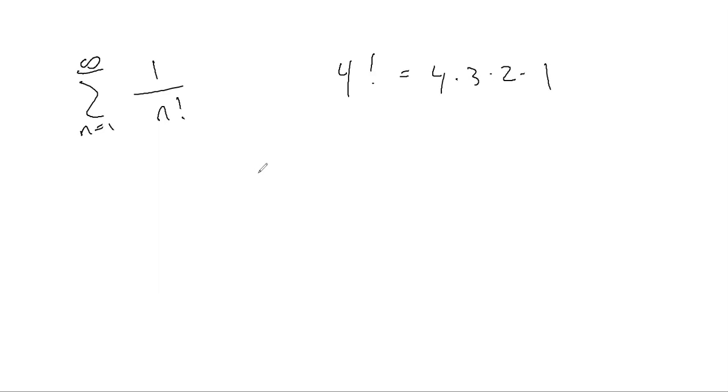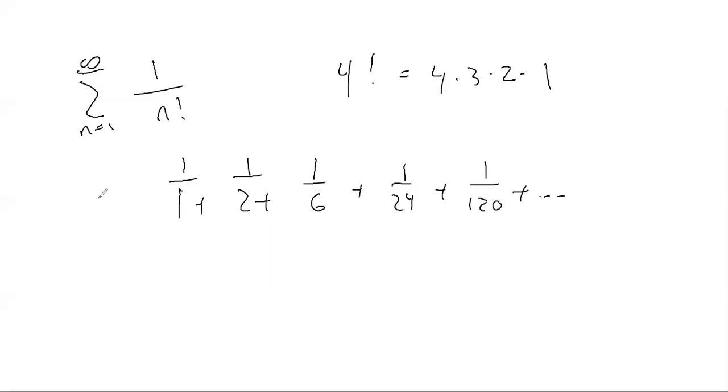So get used to factorial. Okay, so what do the terms of this series look like? I got 1 over 1 plus 1 over 2 plus 1 over 6 plus 1 over 24 plus 1 over 120. So let's see, can I find something to compare these terms to?